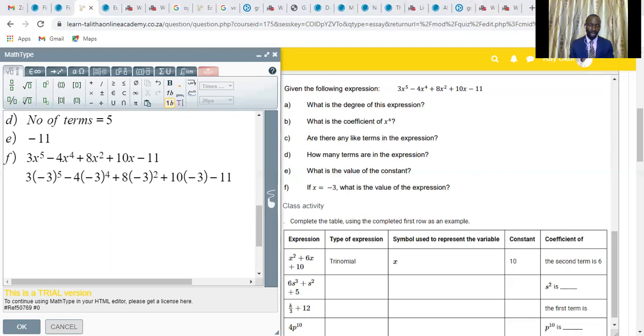Then after negative 3, we say squared or raised to exponent 2. Then to that we add 10, which will later be multiplied with negative 3. Then from the result, we take away 11.